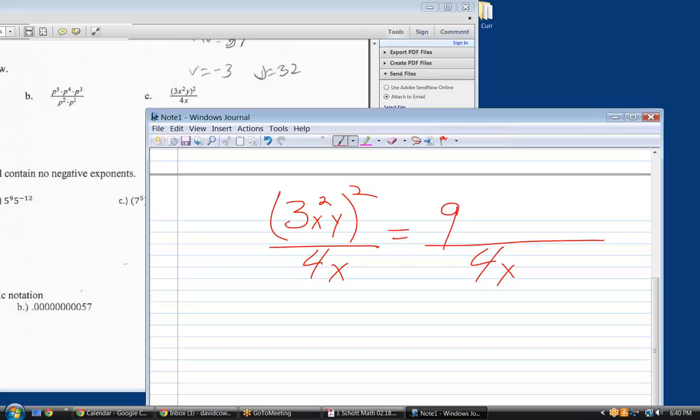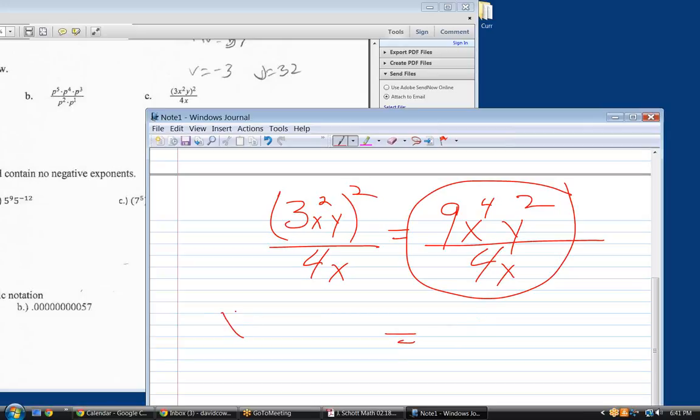What is x squared squared again? X to the 4th. And what is the rest of it? Y squared. Okay. Now we can simplify that because we have an x in the denominator and an x in the numerator. So let's simplify that.